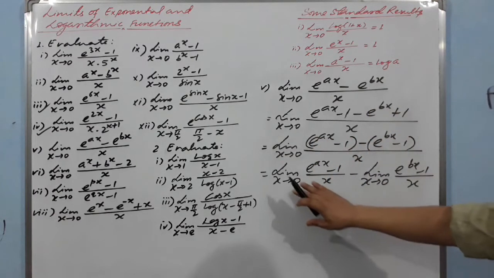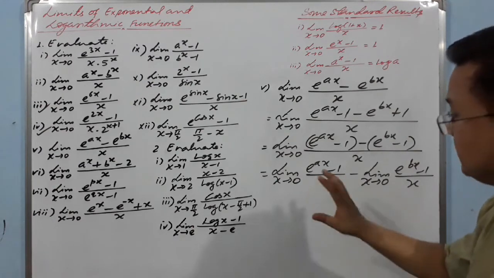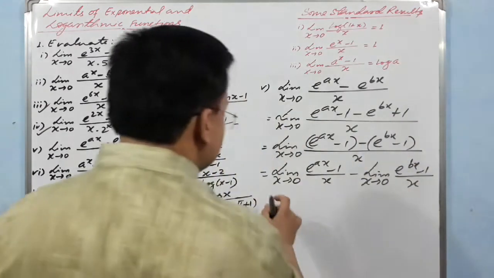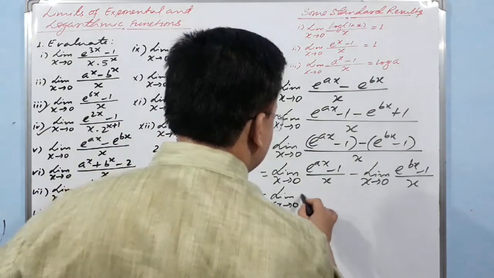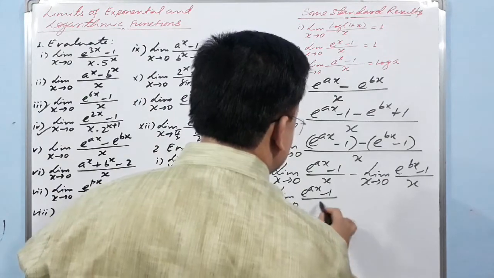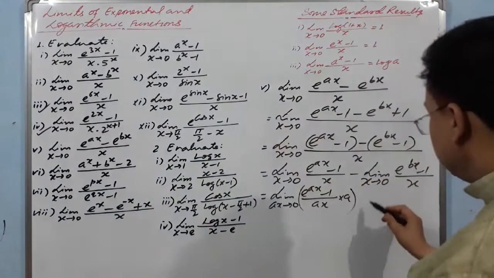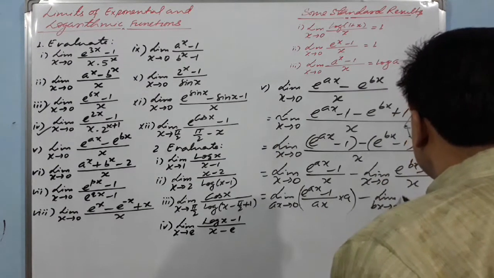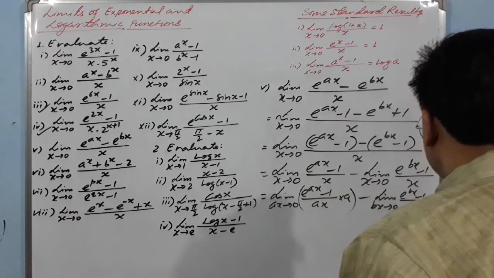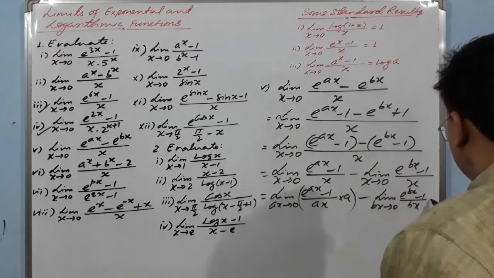Now you understood, we have written separately, but here it is ax in the exponent and only x in the denominator, so we need to make it ax, then only can we use the standard result. So limit ax tends to 0 of e raised to power ax minus 1 over ax, times a, minus limit of bx tends to 0 of e raised to power bx minus 1 over bx, times b.